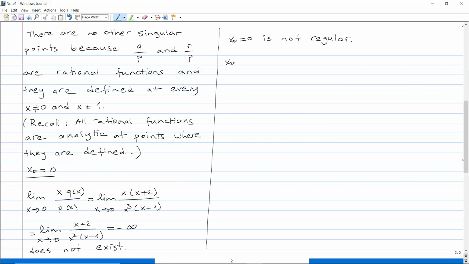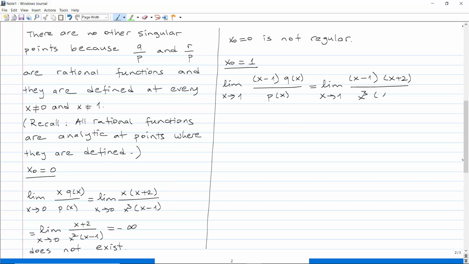Now we have another singular point, x0 equals 1. So we check the limit as x approaches 1 of x minus 1 times q of x over p of x. So x minus 1, q is x plus 2, x cubed, x minus 1.